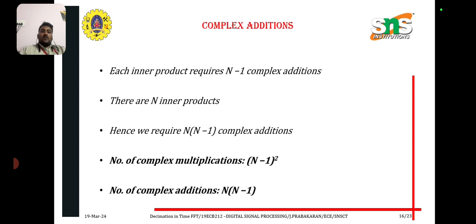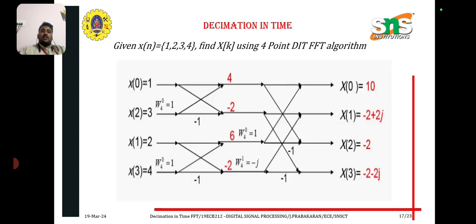Okay, this is one of the examples of DIT. First we have to take the bit reversal of the input sequence.